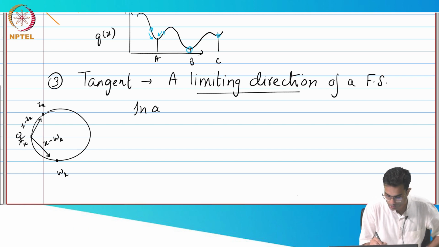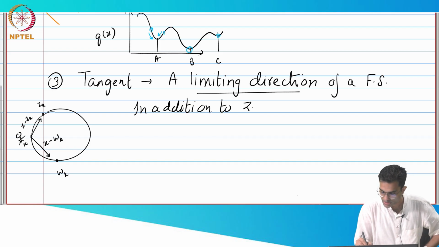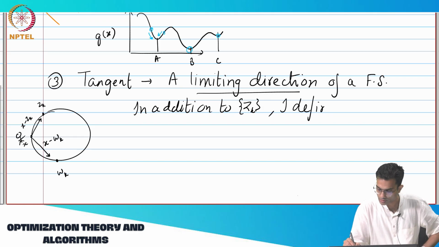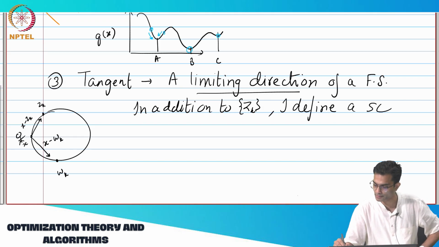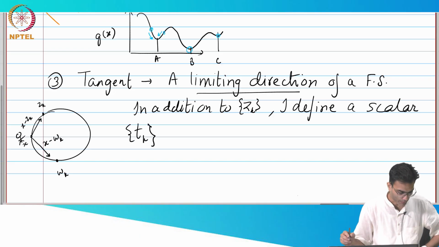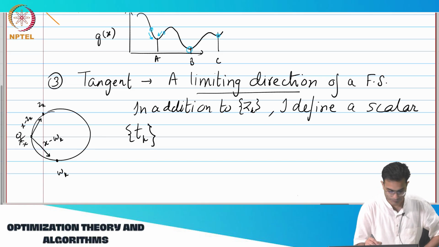So in addition to zk which I had, I define some length, a scalar, let's call it tk, which has a property.